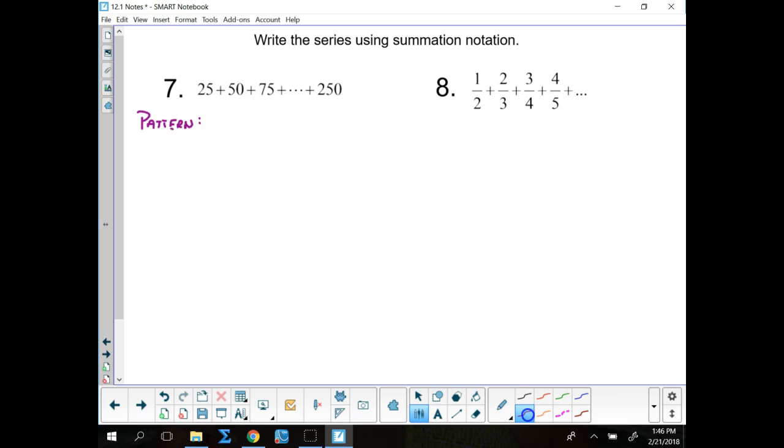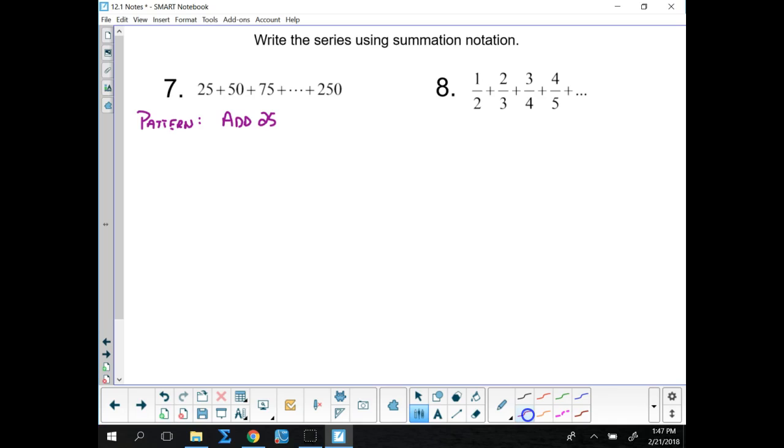What is the pattern of this series? Plus 25, right? Okay. So what would my rule then be?